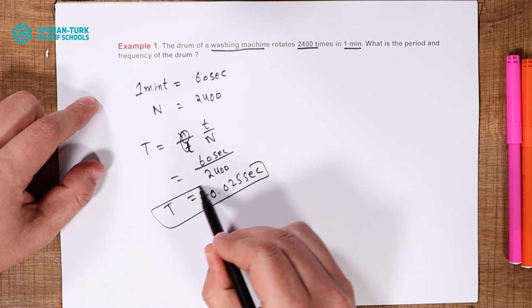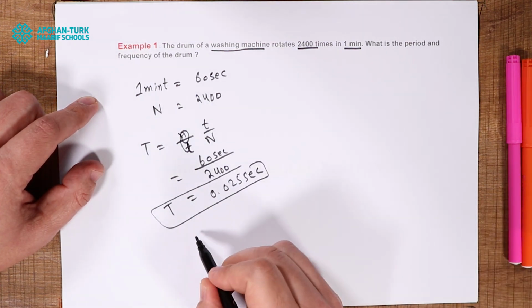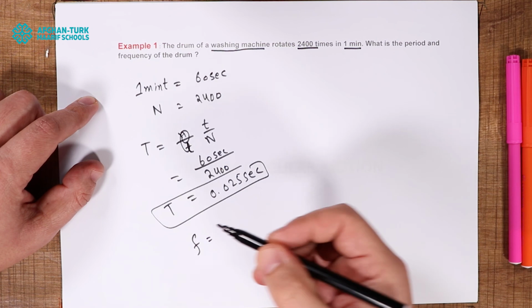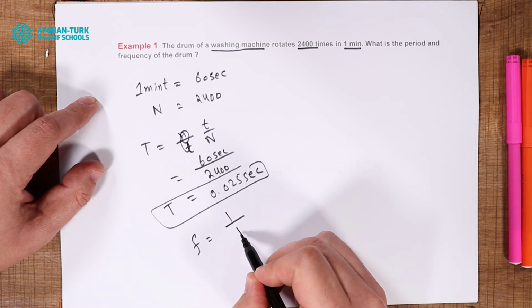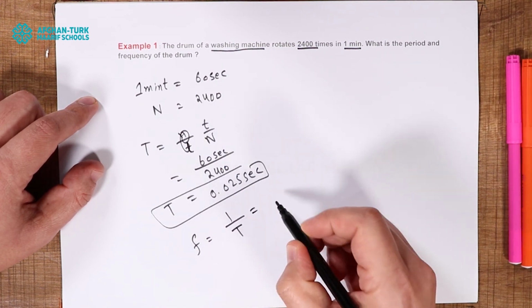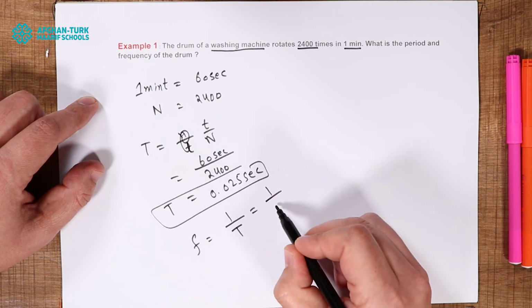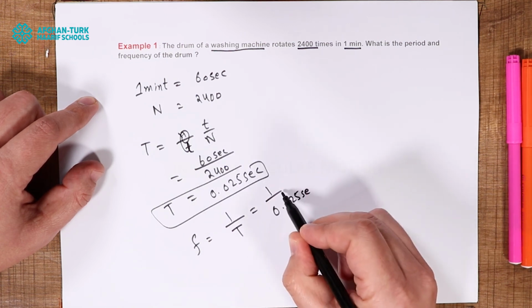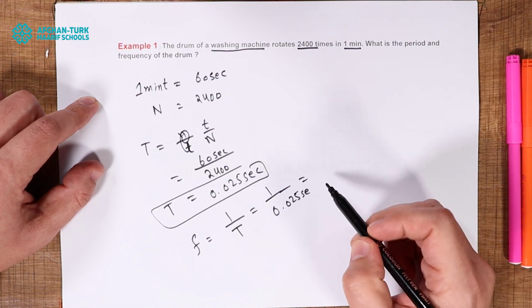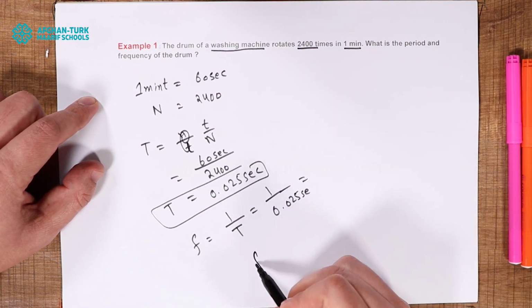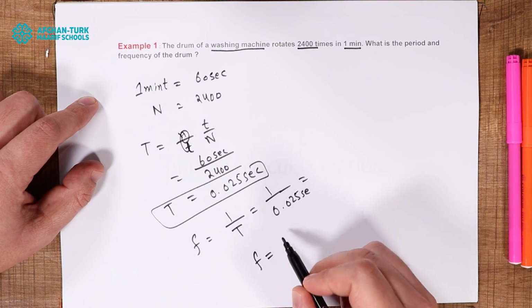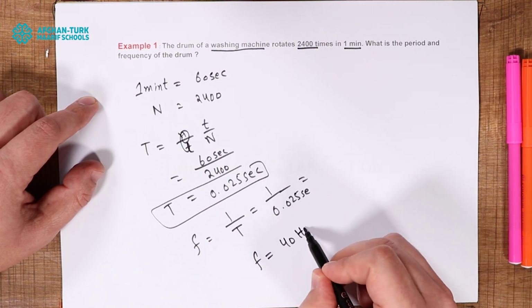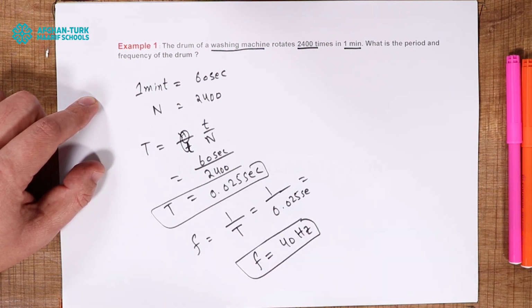So this is the time period. Now to find the frequency, we know the formula is 1 over the time period. So f is equal to 1 divided by 0.025 second. So the frequency will be 40 hertz. So this is the answer.